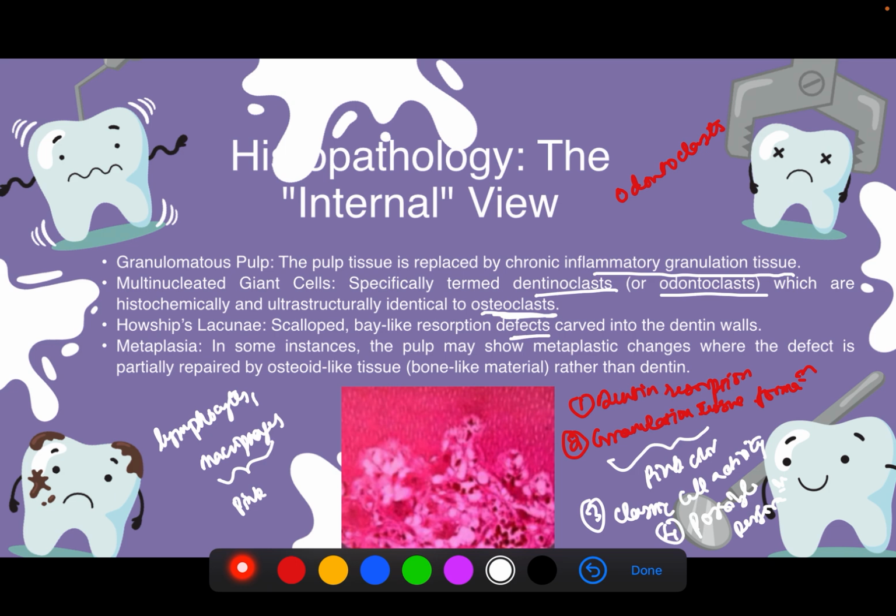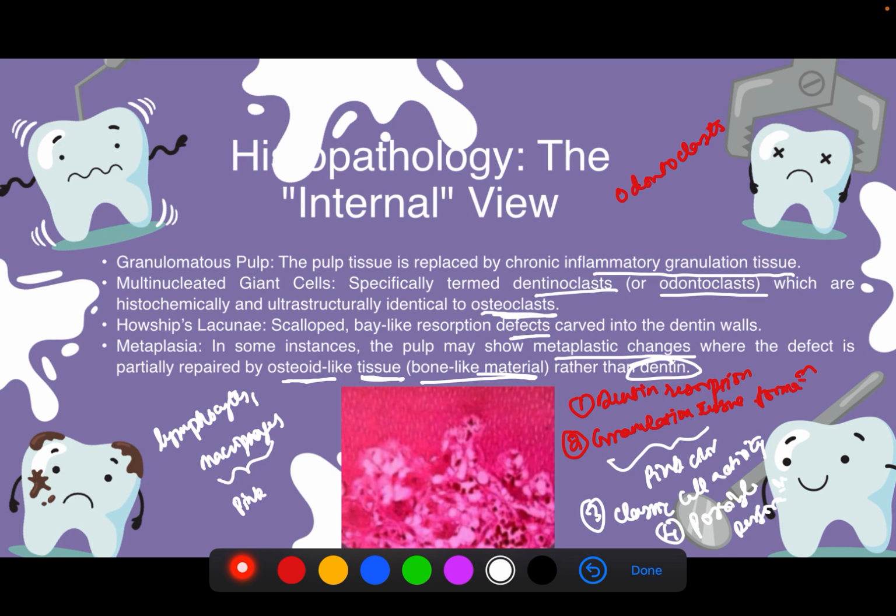And metaplasia: in some instances, the pulp may show metaplastic changes where the defect is partially repaired by osteoid-like tissue, bone-like material rather than dentine. So this is the diagram. We have the Howship's lacunae and the odontoclast, which you can see over here.